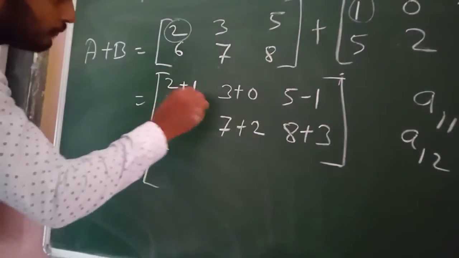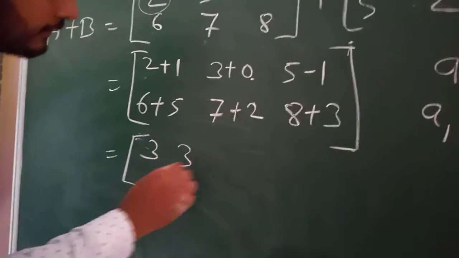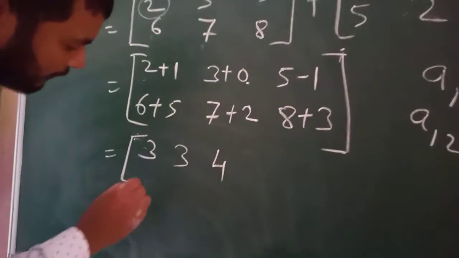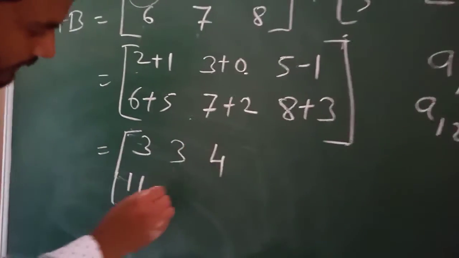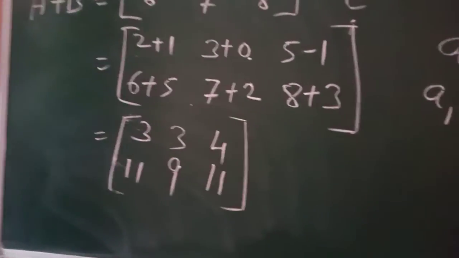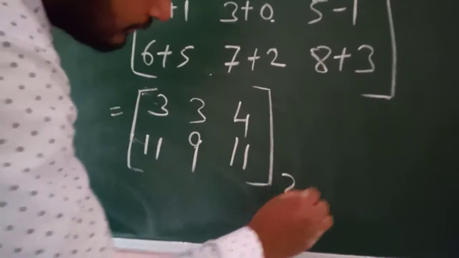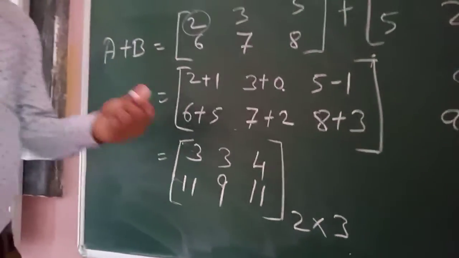So 2 plus 1 is 3, 3 plus 0 is 3, 5 minus 1 is 4, 6 plus 5 is 11, here 7, and here 8 plus 3 is 11. So this is also a matrix of order 2 by 3. This is the sum of the two matrices.